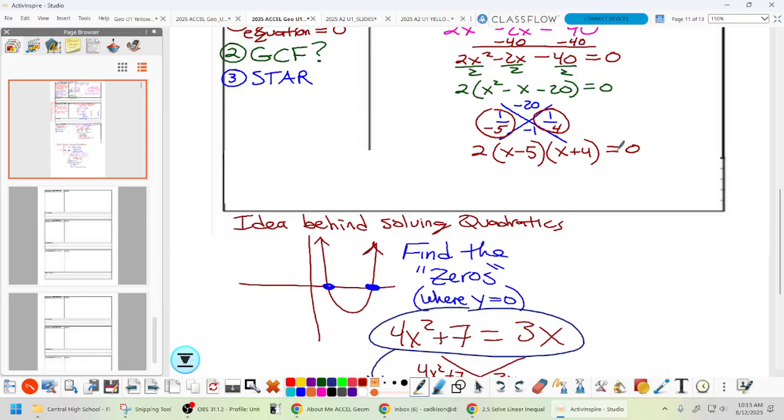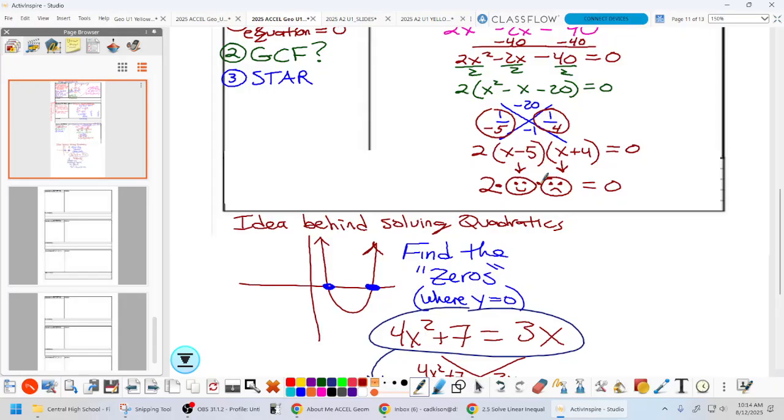Yes? Okay, if it doesn't work for you, let's do like 2 times smiley face times frowny face. You don't have to write this, we're just thinking theory. Equals 0. The only way to multiply and get 0 is if one of those is 0. Or maybe all of them, or 2 of them, or whatever, right?